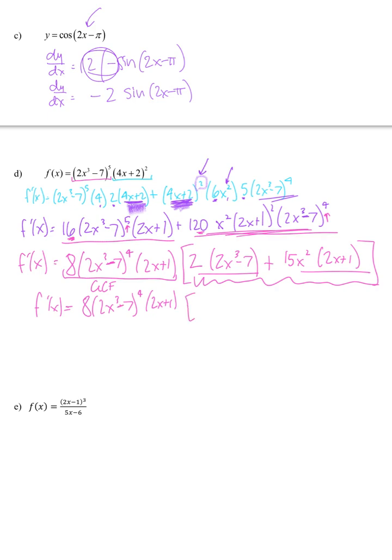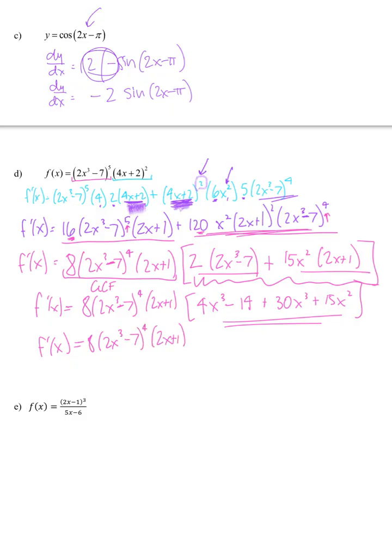Distributing, I get 4x cubed minus 14. Distributing over here, I have 30x cubed plus 15x squared. And again, now there are some like terms to combine. So 8 times (2x^3 - 7)^4 times (2x + 1).